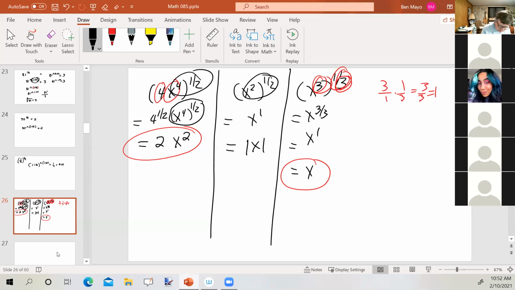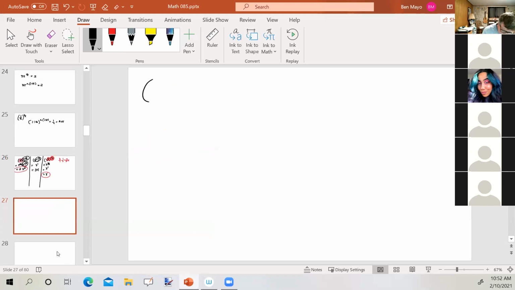All righty. How about this one? -16 q to the 4th power all to the 1/2 power. So that would be -16 to the 1/2 power, q to the 4th power to the 1/2 power. What is -16 to the 1/2 power? What's the square root of -16?